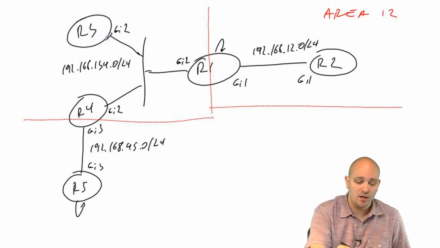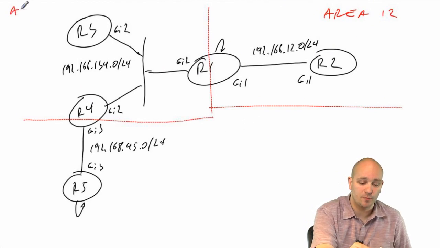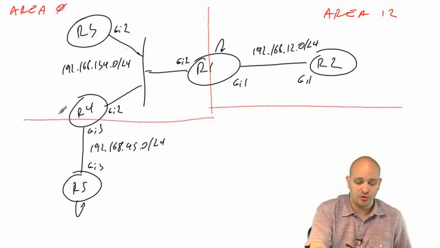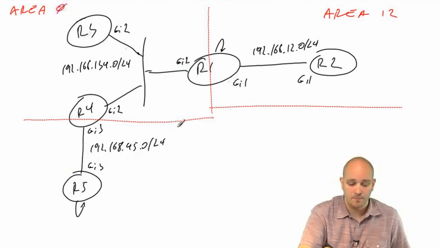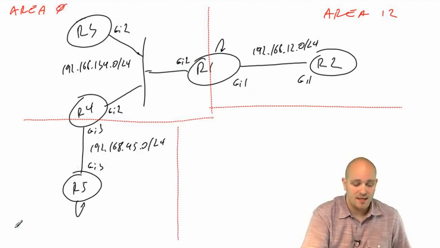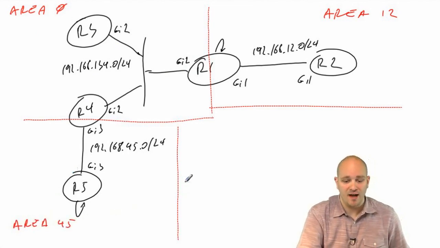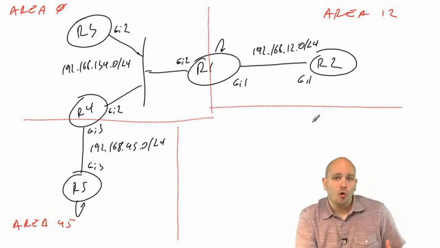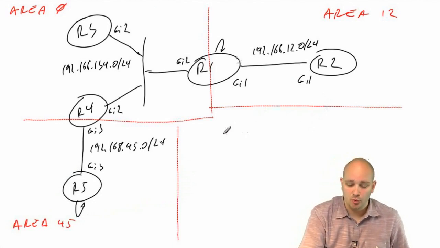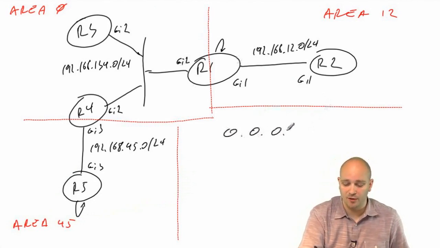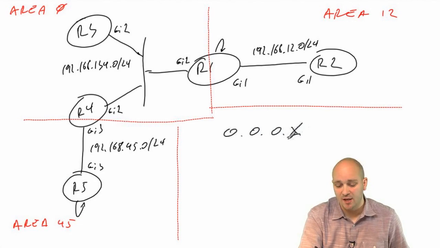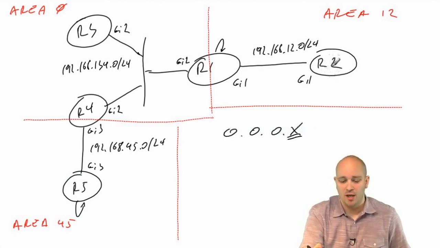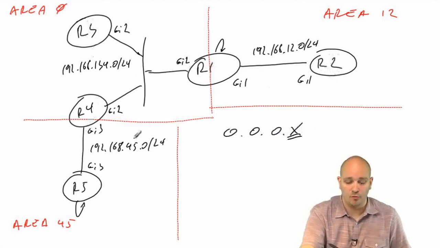My routers 1, 3, and 4 are going to be in area 0, and routers 4 and 5 are going to be in area 45. And just as a reminder, all of my routers will be configured to have the router ID in the format of 000X, where X is the router number, so 2, 1, 3, 4, and 5.